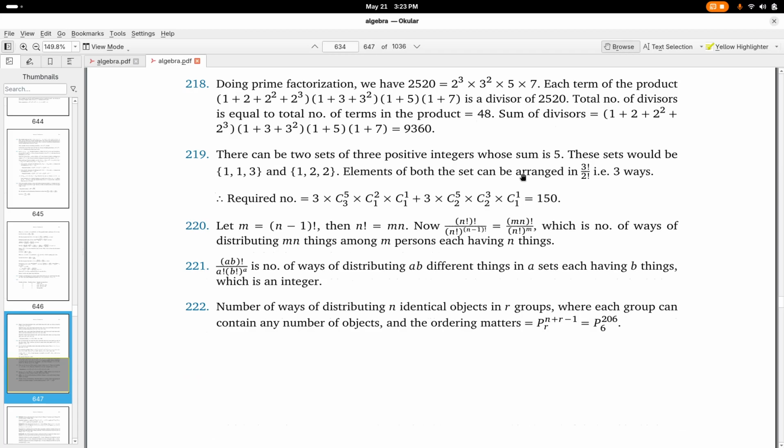Elements of both sets can be arranged in 3 factorial by 2 factorial, that is 3 ways, because we have 2 2's and 2 1's. So that is why 2 factorial is in the denominator. So the required number is 3 multiplied by the ways to place for the first set and then for the second set, which is equal to 150.